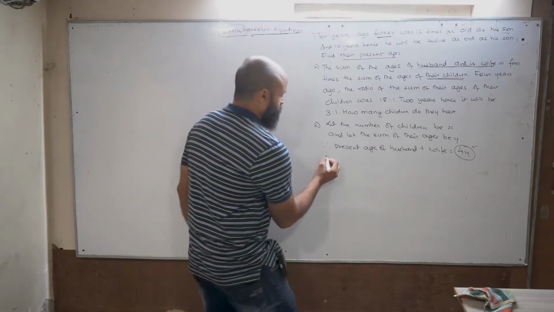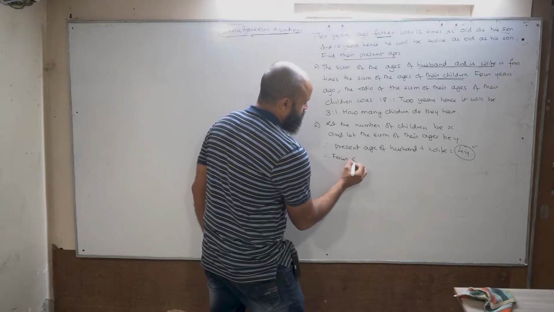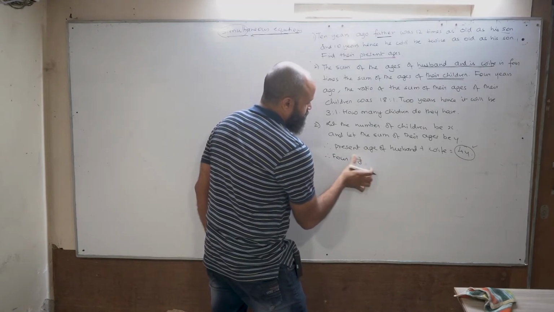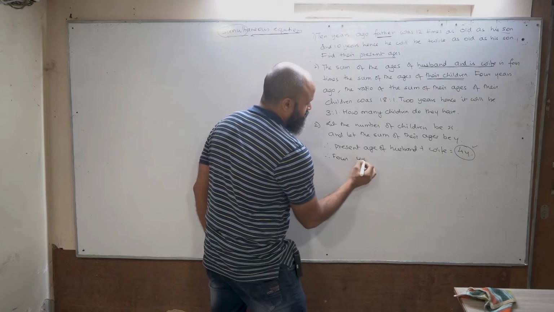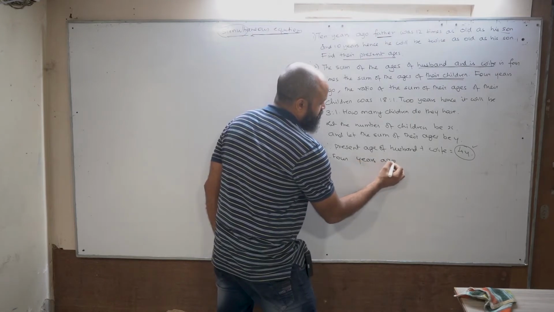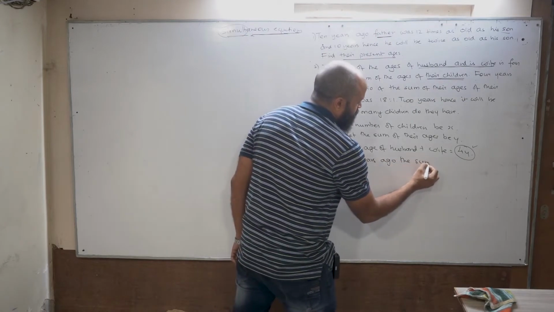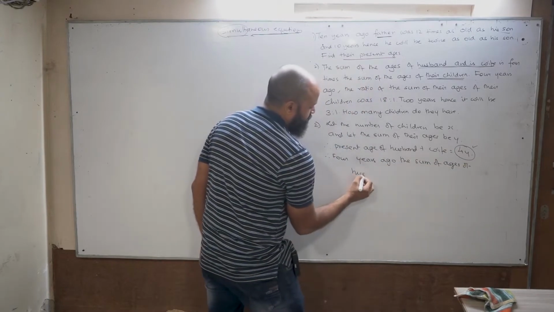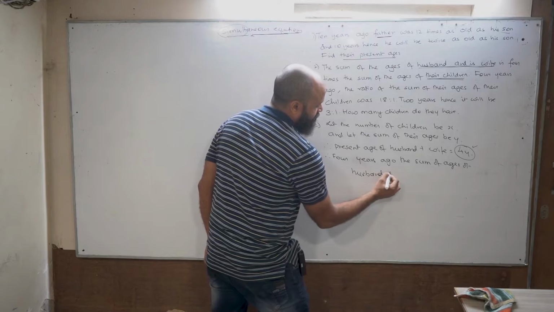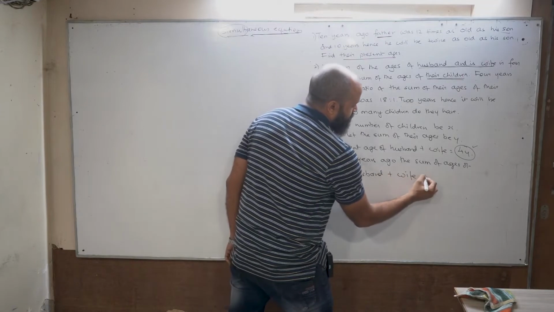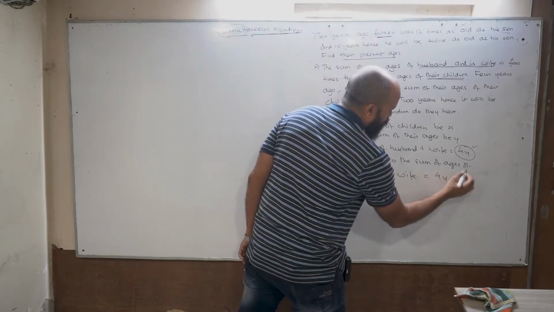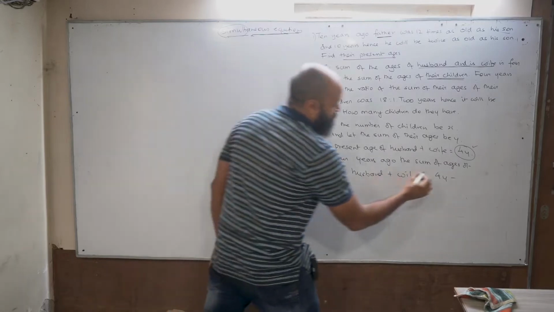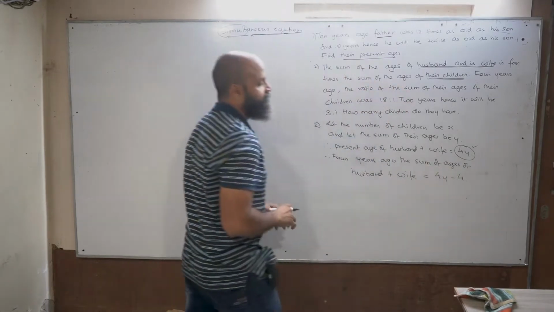4 years ago, what would be the age of husband and wife? This is where the problem is. 4 years ago, the sum of ages of husband and wife. Most of the students would make a mistake by just subtracting 4.